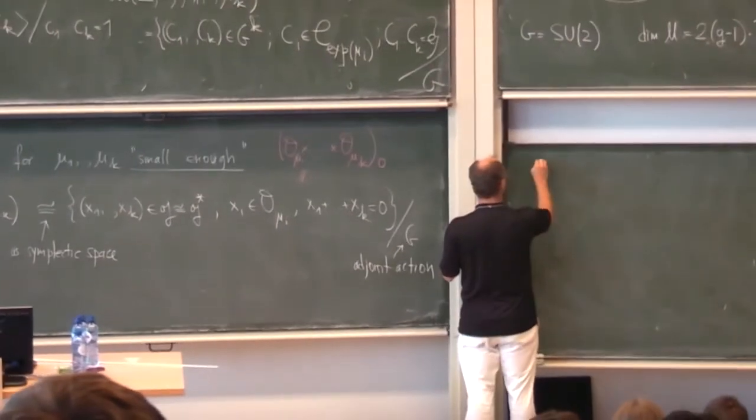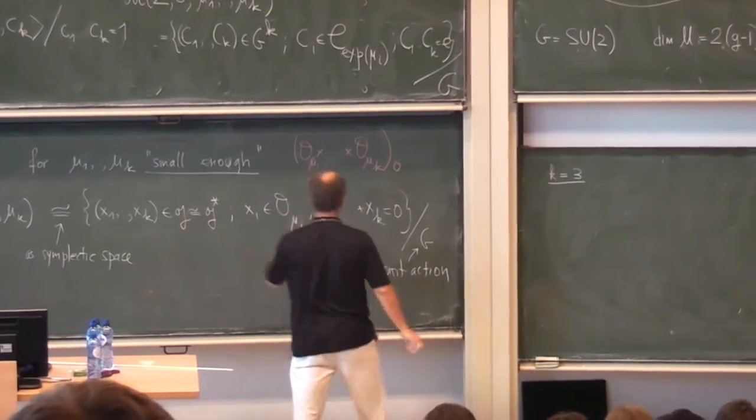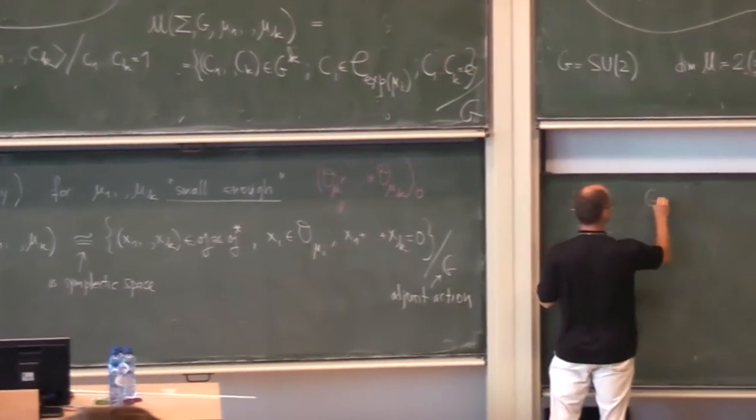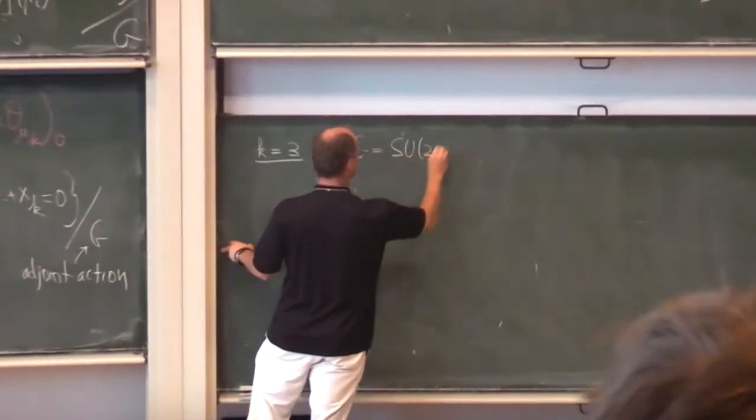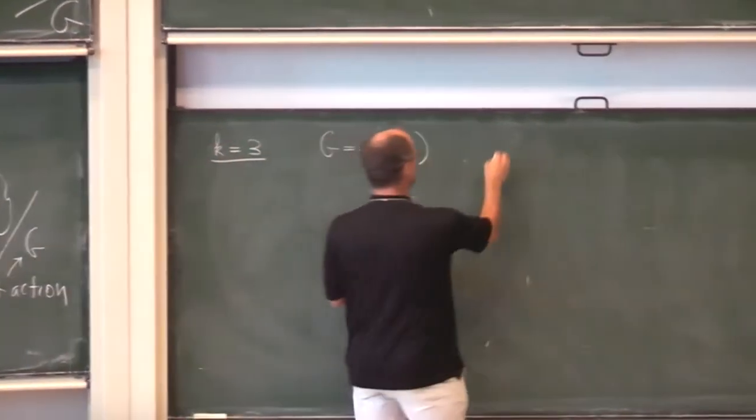Now, let's take a particular example here: k equals 3, and G equal to SU(2).